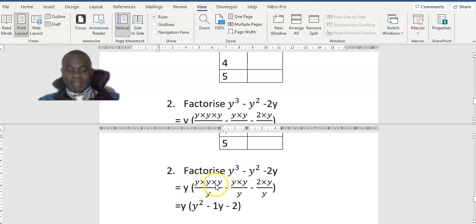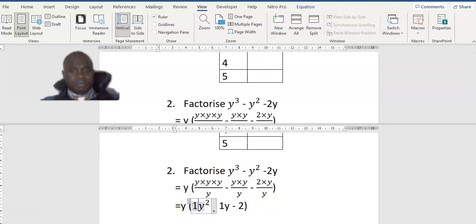Y times y times y over y minus y times y over y minus 2y over y. So y times y is what? Y squared. Put 1 in front. Y also, because this y will cancel this, and this y also cancels that one, so put 1 in front. This y will also cancel this to remain what? -2.